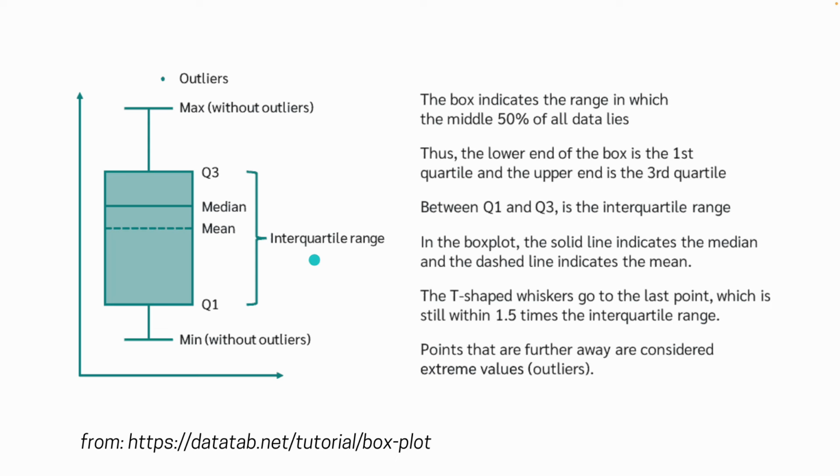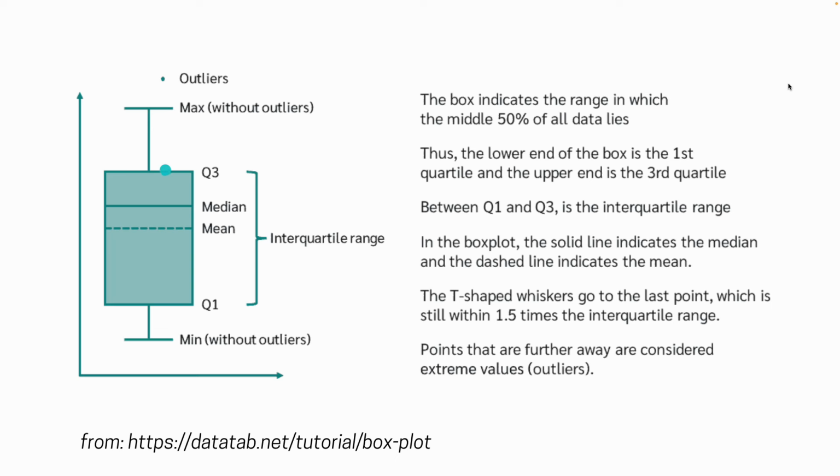Now, the T-shaped whiskers go to the last point which is still within 1.5 times the interquartile range, meaning this would be the maximum and the minimum if there aren't any outliers. If there are outliers, this value would just extend to 1.5 times the interquartile range.